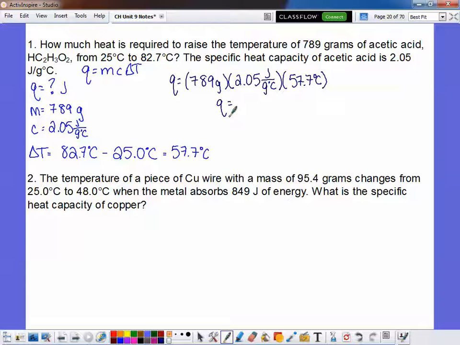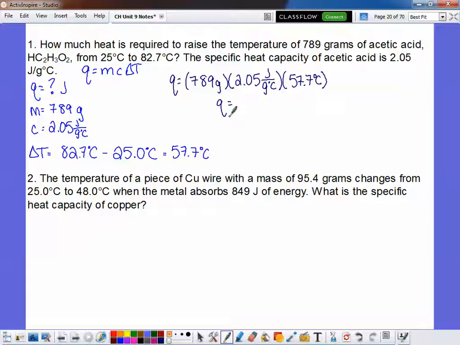Always use the mass and the temperature for sig figs. Specific heat capacity, that C value, is a constant, so its sig figs will never limit the number of sig figs in your problem. Both our temperature and our mass have 3 sig figs, so we're going to just use 3 sig figs.